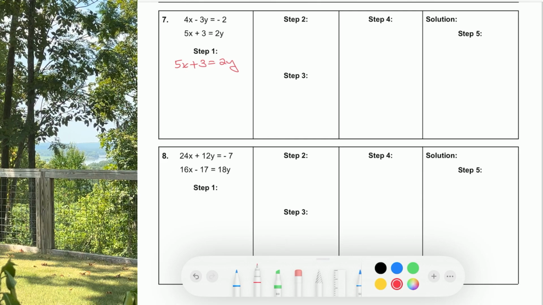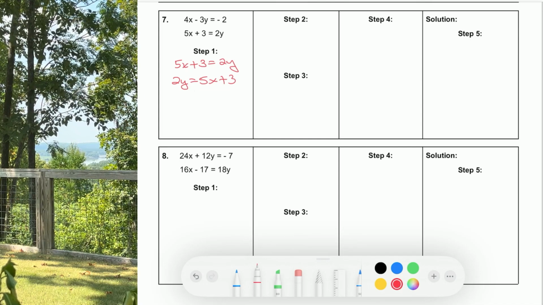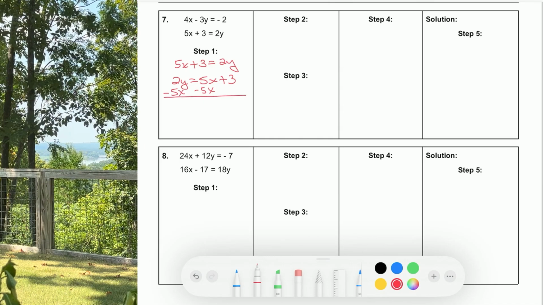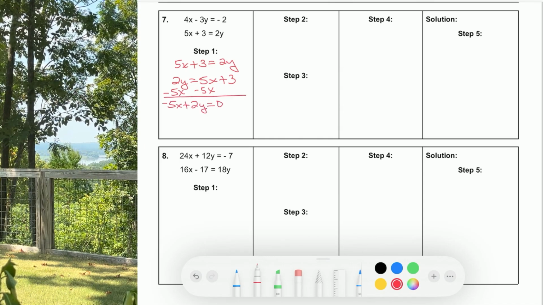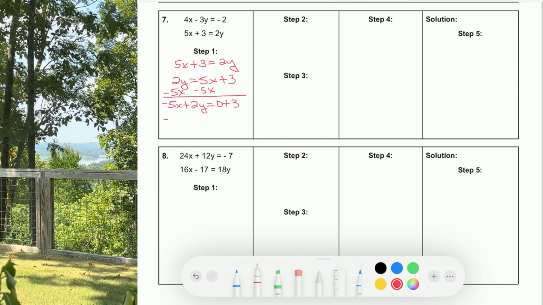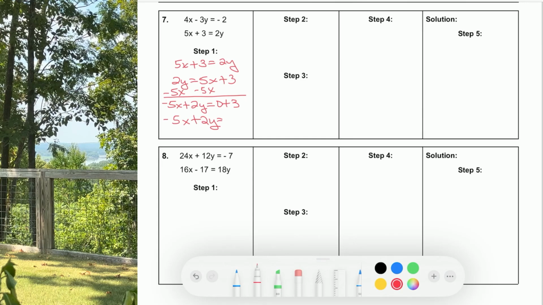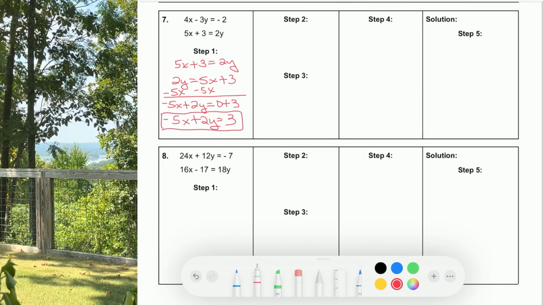I'm going to flip the problem so that I can see it in this format. And that lets me know I just need to move my 5x to the other side. So I get negative 5x plus 2y equals 0 plus 3. So my new version of the same equation is this in standard form. This is what I'm going to use in step 2.